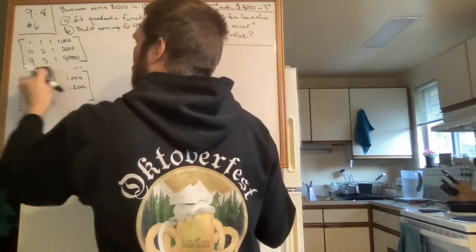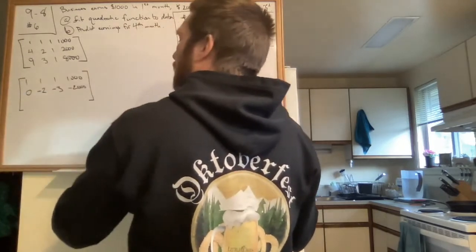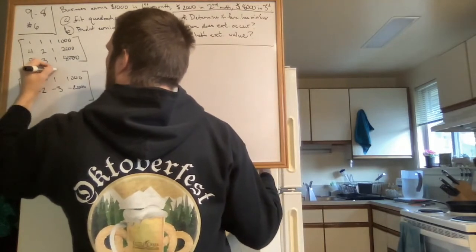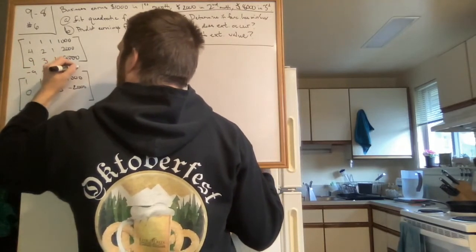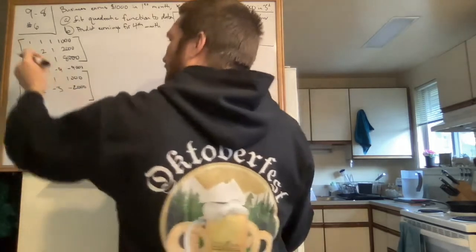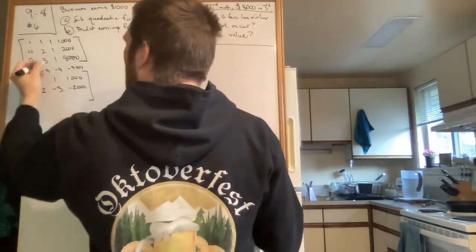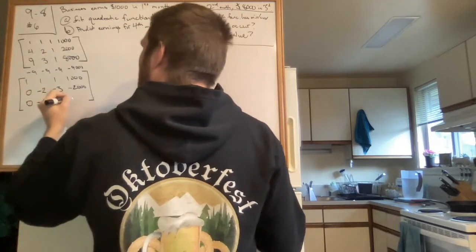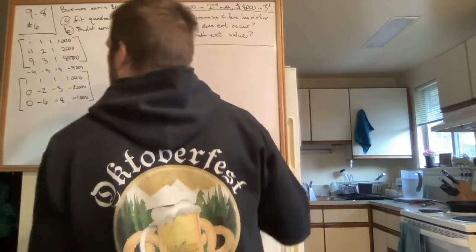I'm going to do the same thing for the bottom row. To kill the bottom row, we need a -9 right there. So -9 times the top row gives me -9,000. -9 and 9 is 0. That gives me a -6, a -8, and a -1,000.